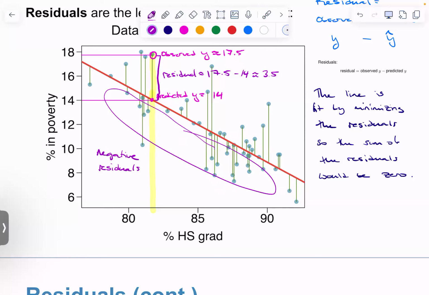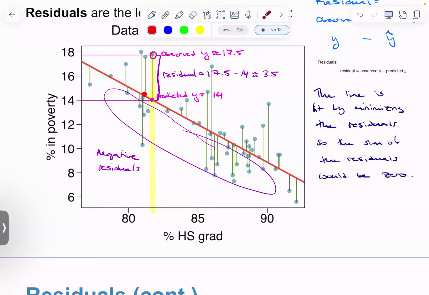But if you're above the line, then if I asked you, at this point, is this an over prediction or an under prediction? It's an under prediction, right? Because the residual is positive. At this point, this residual, this is an over prediction, right?